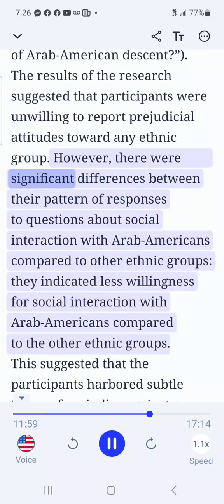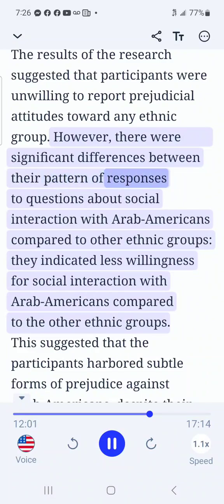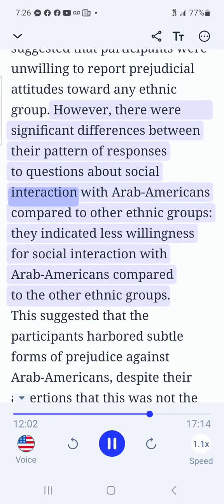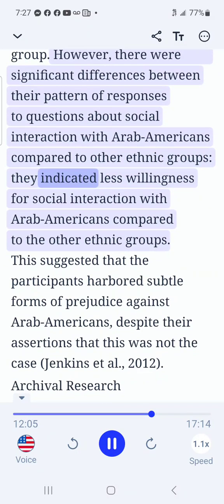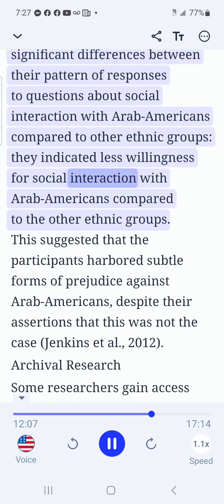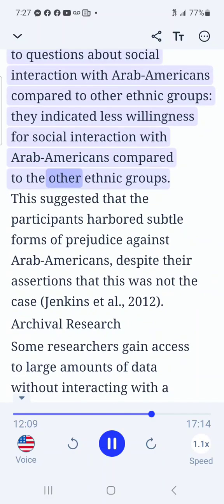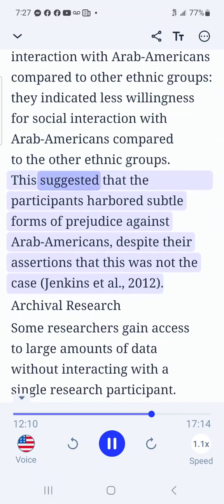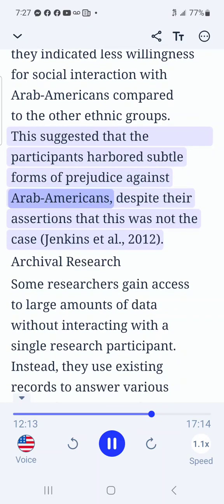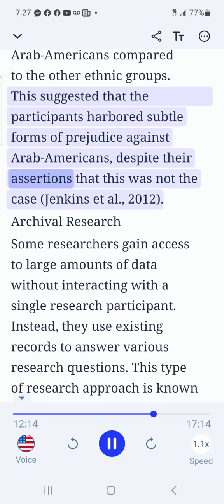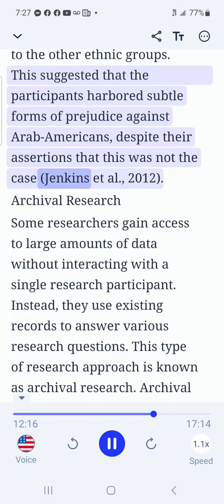However, there were significant differences between their pattern of responses to questions about social interaction with Arab Americans compared to other ethnic groups. They indicated less willingness for social interaction with Arab Americans compared to the other ethnic groups. This suggested that the participants harbored subtle forms of prejudice against Arab Americans, despite their assertions that this was not the case. Jenkins et al., 2012.